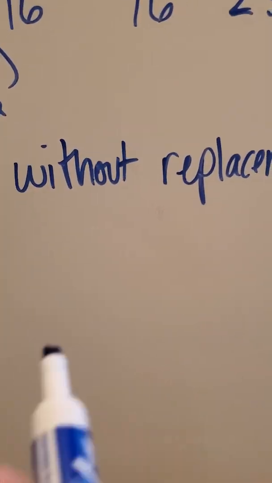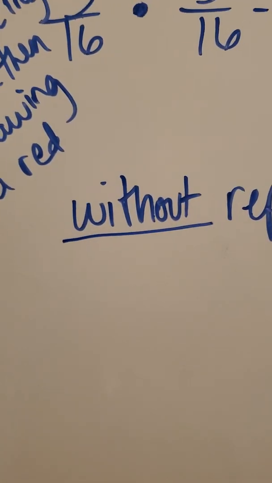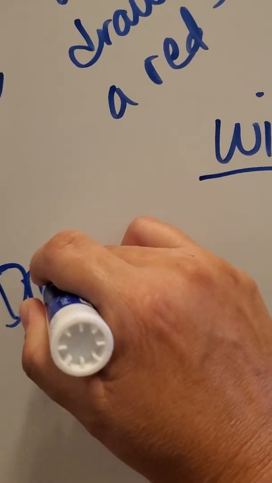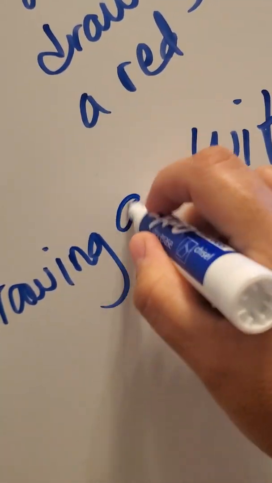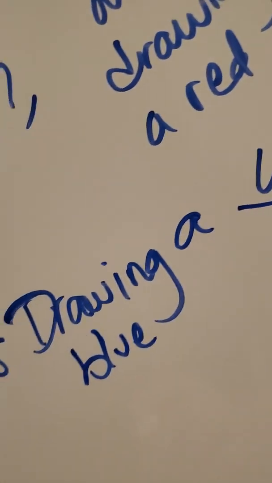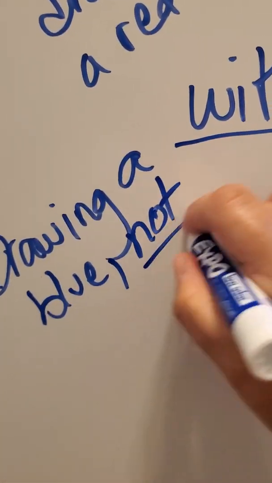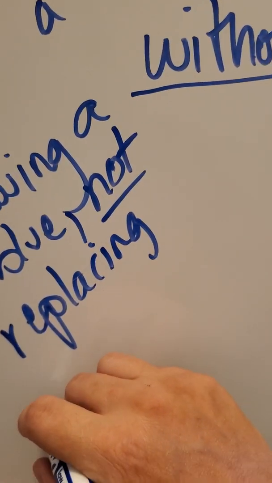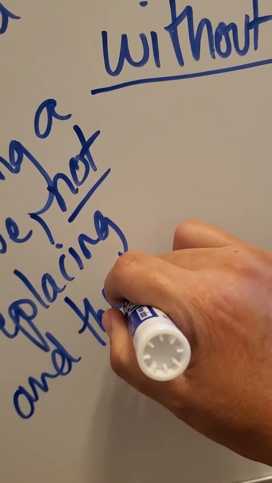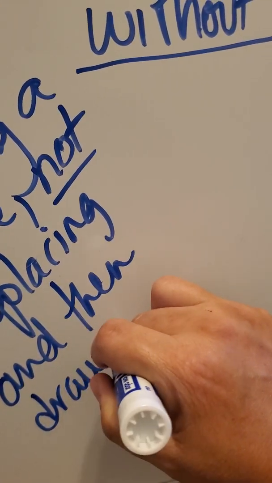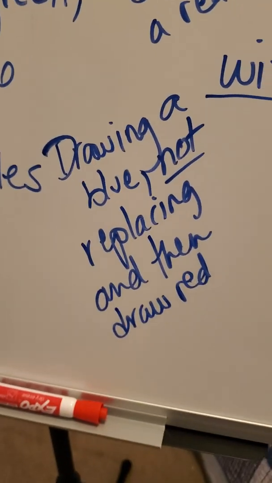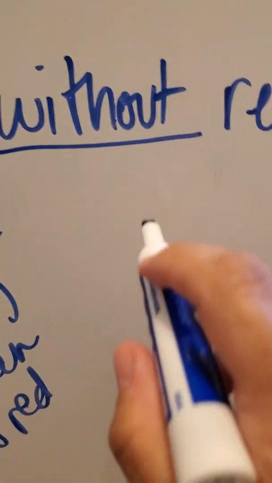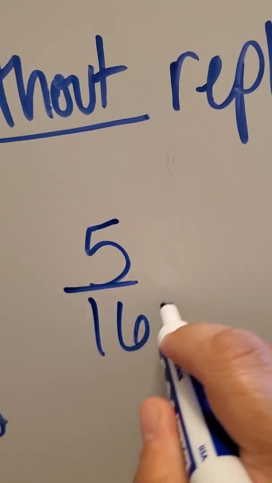All right, now let's look at without replacement. Okay, so same scenario, drawing a blue, not replacing, and then draw red. Okay, drawing a blue, not replacing it, and then draw red. Okay, so drawing a blue, still the same, 5/16, okay?